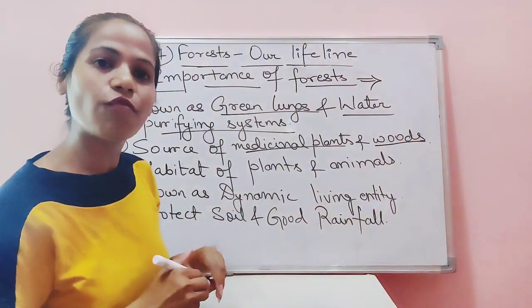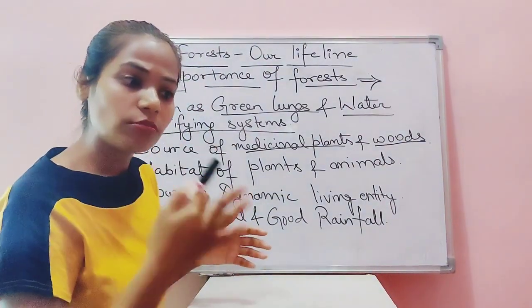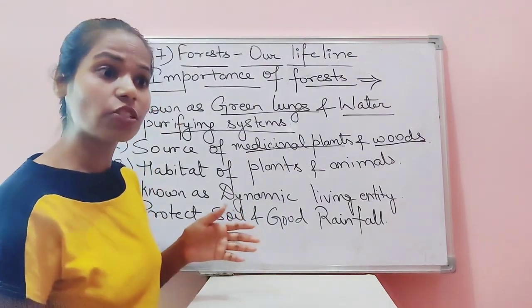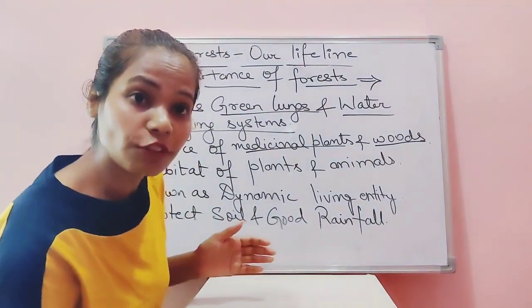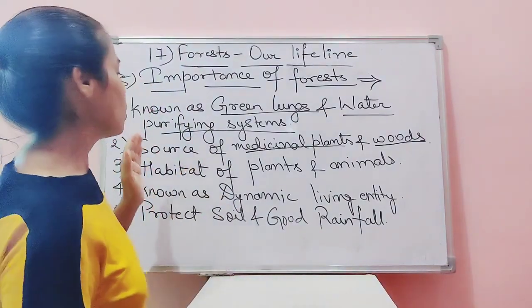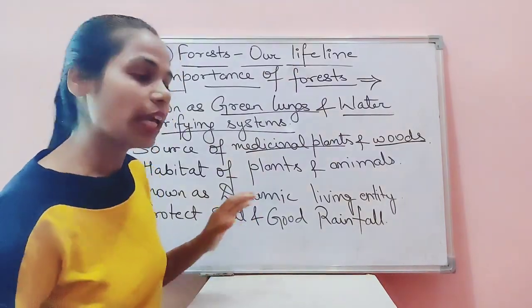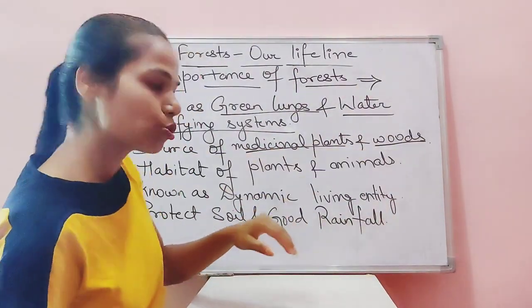Also for the woods, like for timbers, for making different furnitures, etc., for the utilization of different products that we are having of woods, we are using the forest plants and trees. Okay, hence they are helpful there also.